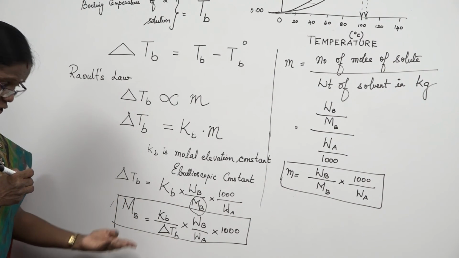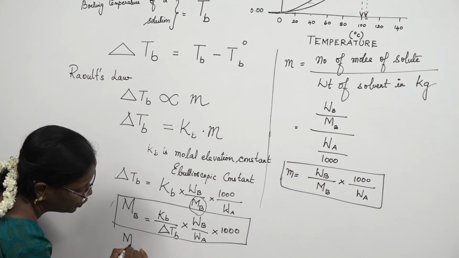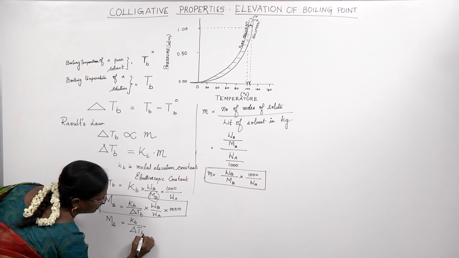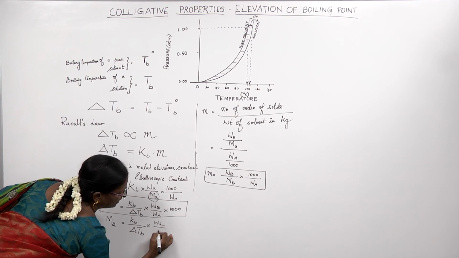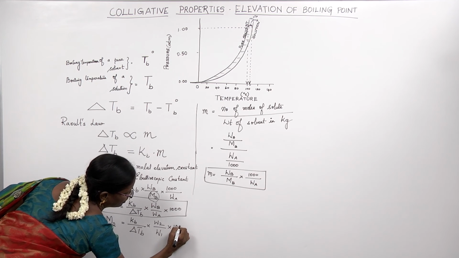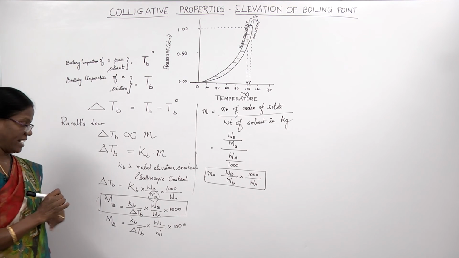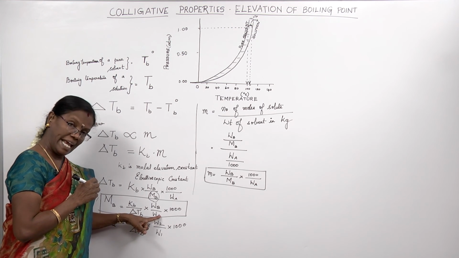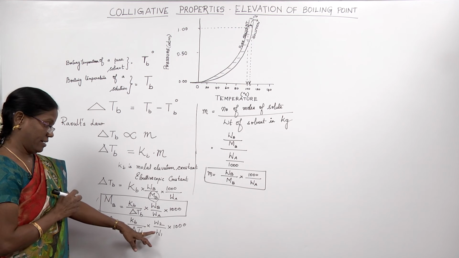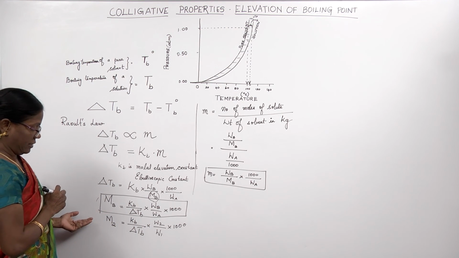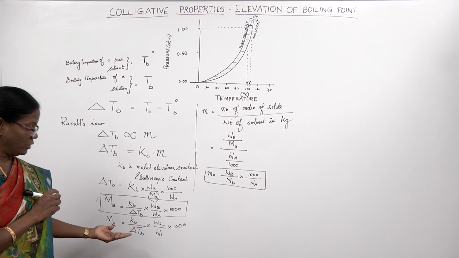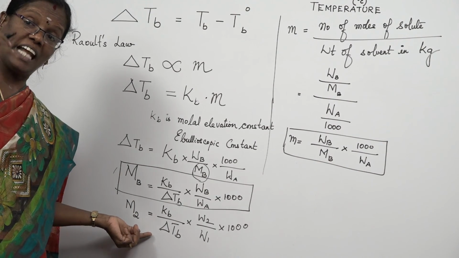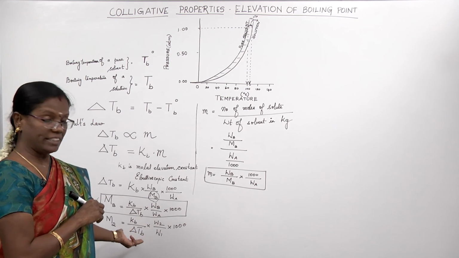And this can also be written like this: M_2 is equal to K_B by delta T_B into W_2 by W_1 into 1000. Whatever it is, we should understand that B or 2 denotes solute and A or 1 denotes solvent. Thus, by using this equation, we can calculate the molar mass of an unknown solute.